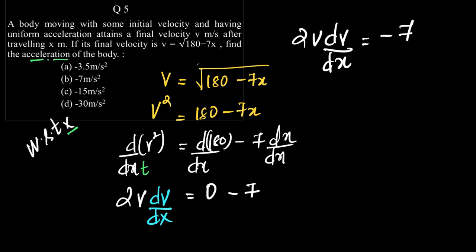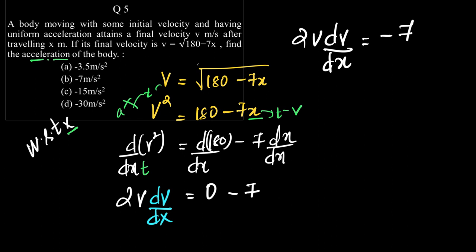So they differentiate v with respect to t to obtain acceleration, which is wrong, because what you have on the RHS is x. When you differentiate v with respect to t, you also have to differentiate x with respect to t, which will give you the velocity. So when you differentiate this equation with respect to time, you get an expression in terms of velocity again. So that method won't fetch you any good here.